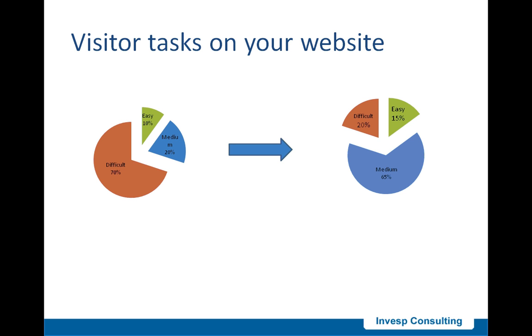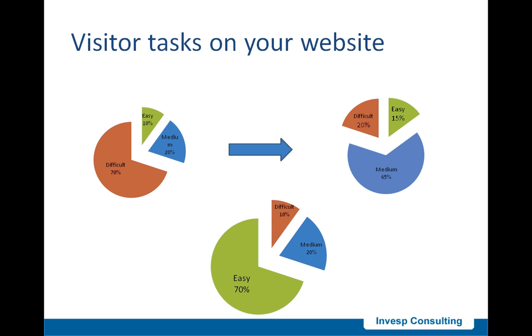Now, after we spent full time optimizing the website, looking at the visitor motivation, what's driving them to the website, and how we can make it easier for them to complete the task, we reached the point where 70% of our users said it was really easy to complete the checkout process.